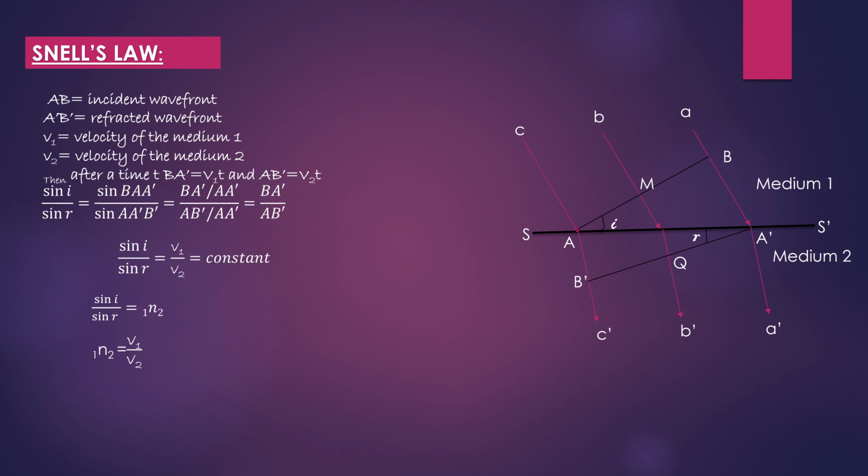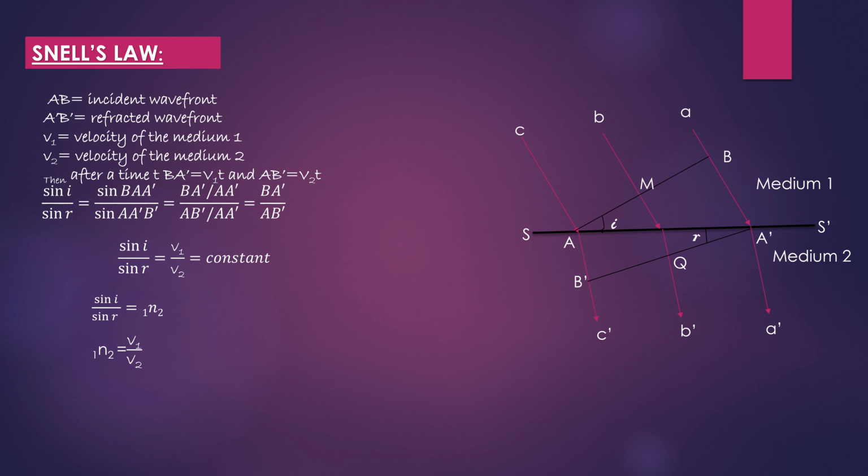Now sine I by sine R is equal to V1 by V2. We have calculated earlier the value of B A dash, which is V1 into t, and A B dash, which is V2 into t. From there, we cancel the t and get the ratio of sine I by sine R equal to V1 by V2, where V1 and V2 are the velocities in the respective media.